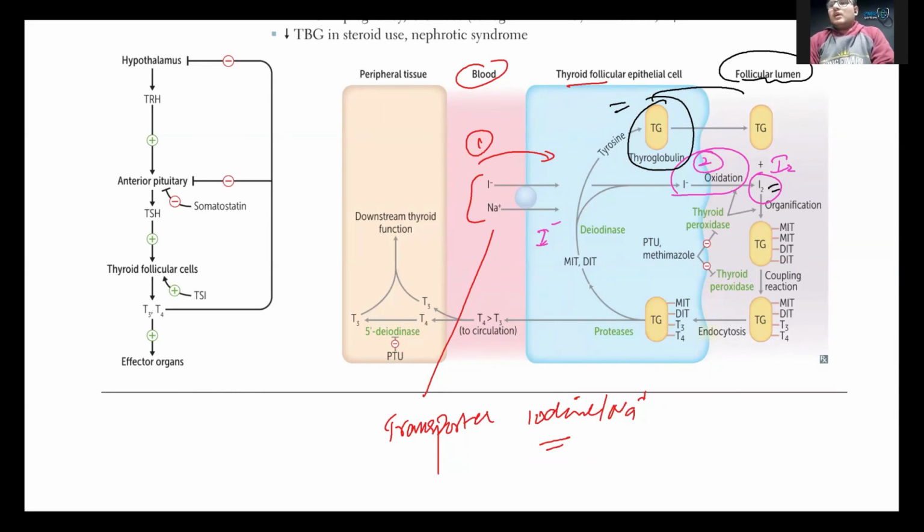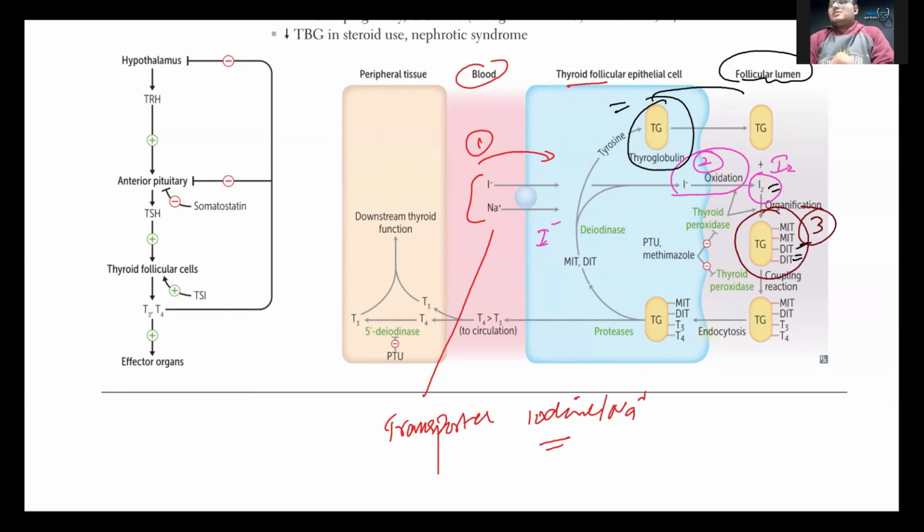Now the iodine molecule and thyroglobulin make a very characteristic combination, monoiodotyrosine and diiodotyrosine. Different iodine molecules attach to this thyroglobulin. This is step number 3.